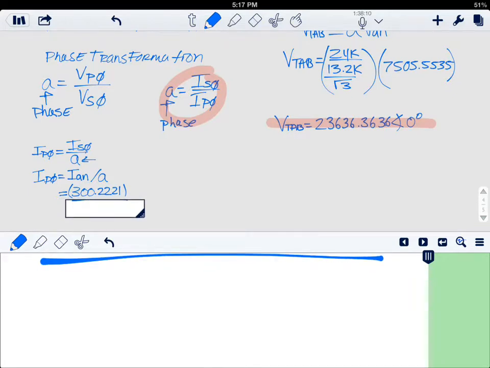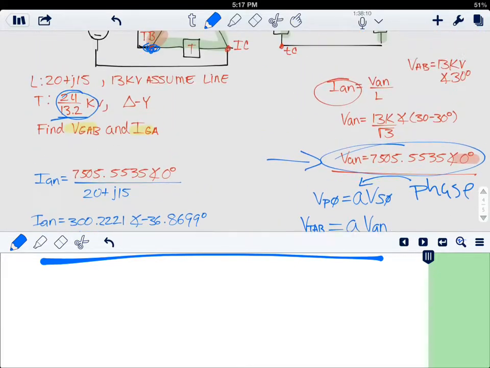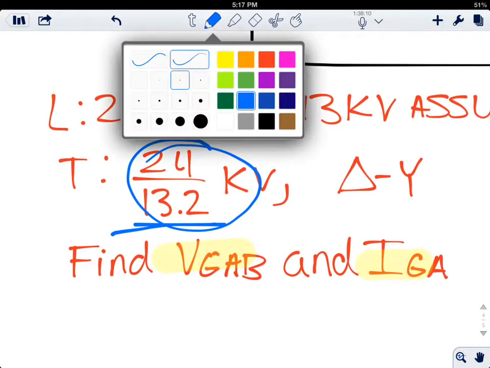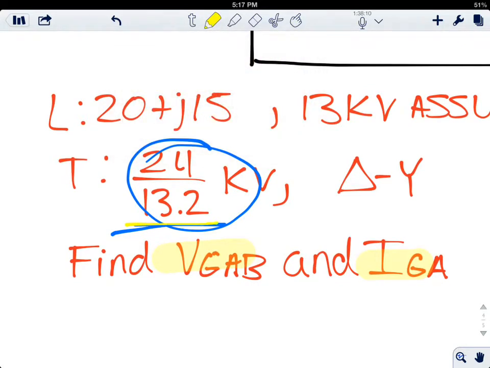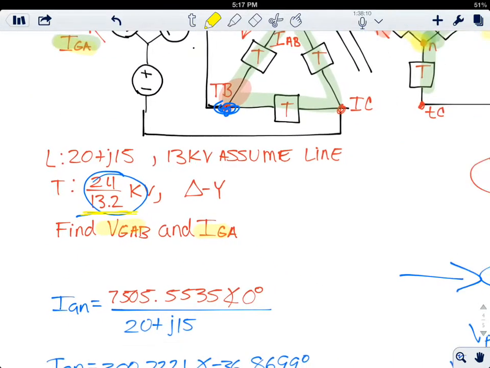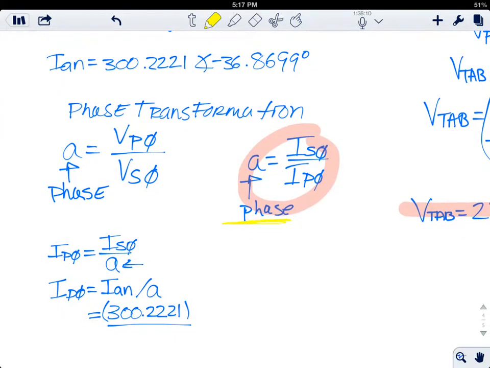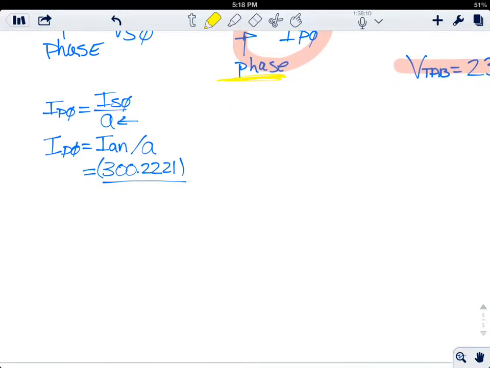Now the gain, better known as the rating, is given in line to line values. And because we are using the phase transformation, we need those values in phase values.